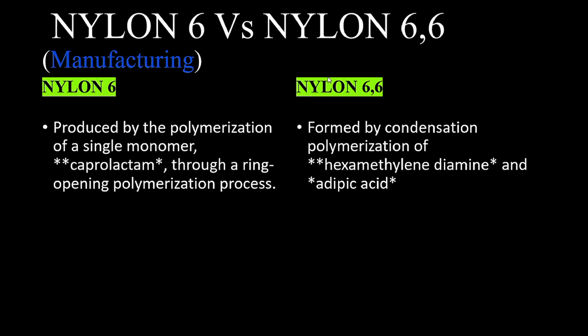Nylon 6,6 is formed by condensation polymerization of hexamethylene diamine and adipic acid. Nylon 6 is formed by polymerization of a single monomer, while nylon 6,6 is formed by condensation polymerization of hexamethylene diamine and adipic acid.